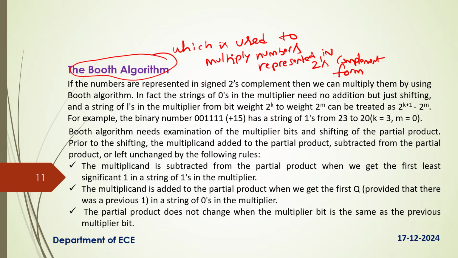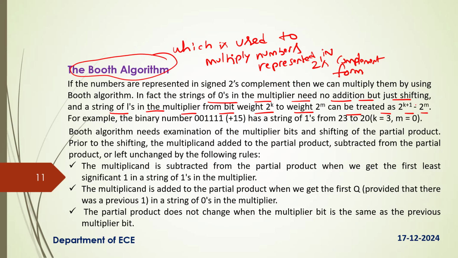A number which contains a string of zeros in the multiplier: to perform multiplication, we require a multiplicand and a multiplier. If there is a string of zeros in the multiplier, there is no need to perform addition, but just shifting. And a string of ones in the multiplier from the bit weight 2 power k to 2 power m can be treated as 2 power k plus 1 minus 2 power m.